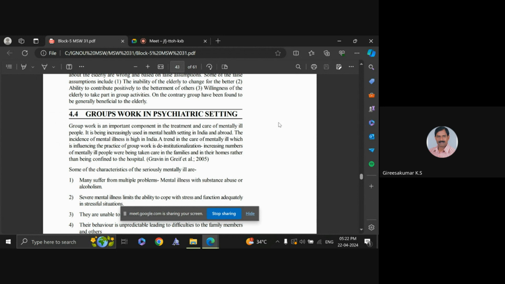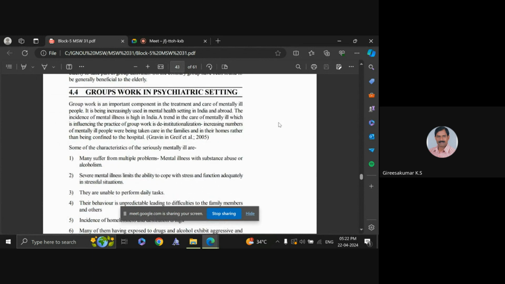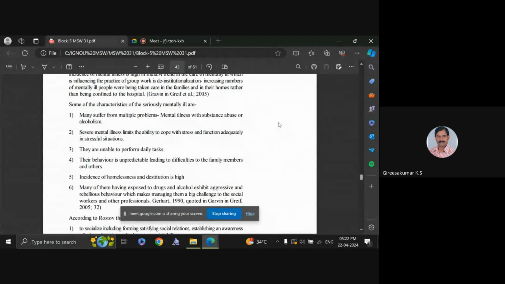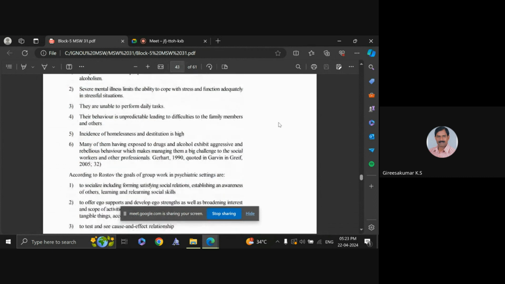They face multiple problems, severe mental illness. They are unable to perform daily tasks as they are old, and they may also have some issues. And they are mentally challenged persons.